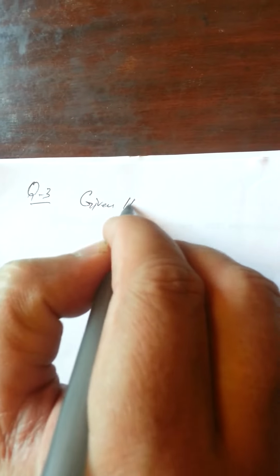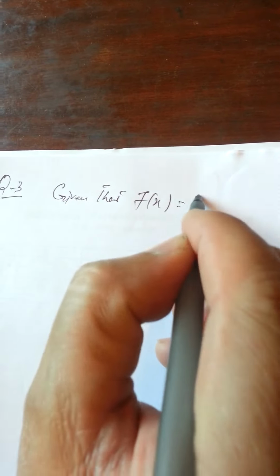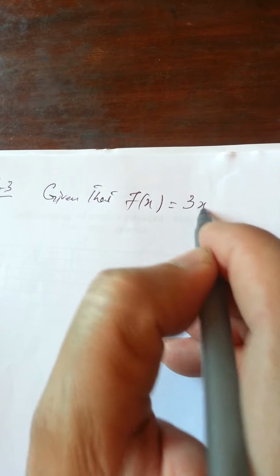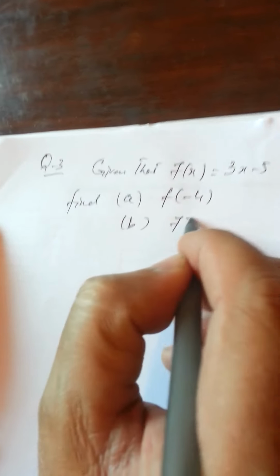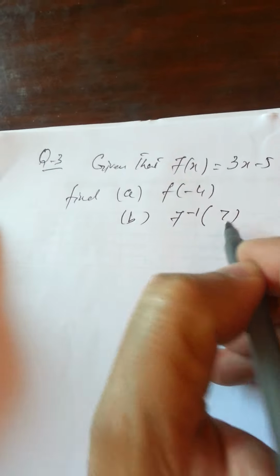Question 3. Given that f of x is equal to 3x minus 5, find in part A f of minus 4 and in part B f inverse of 7.